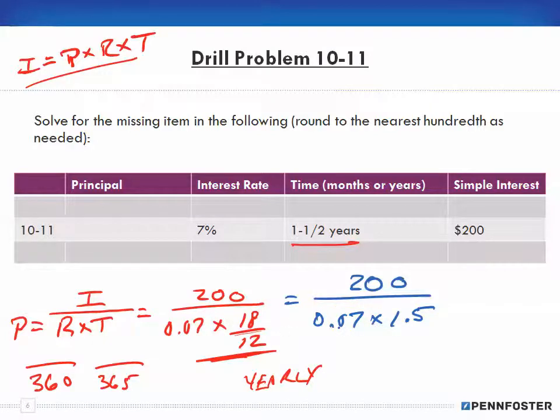I mean, think about it. 0.07 times 1.5 is 0.105, so 200 over 0.105, and then I can divide the 200 by the 0.105, and I end up with the answer of $1,904.76.